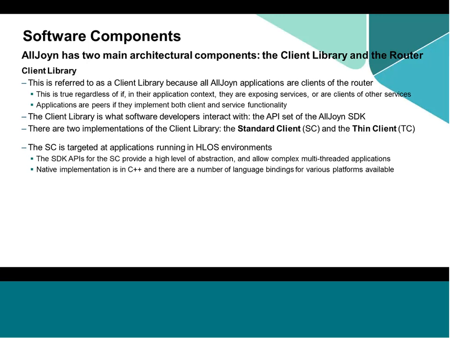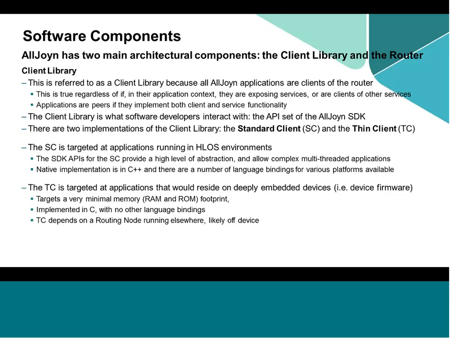So with both implementations, the standard client is written natively in C++, and it provides multiple language bindings for all the different language platforms. So if on Android you prefer writing in Dalvik, you can use the Java language binding to leverage that interaction. The same is true on iOS. You can either program in C++ or you can write in Objective-C.